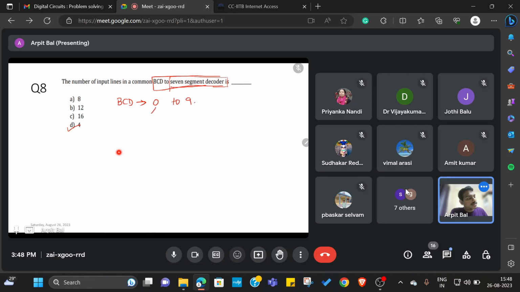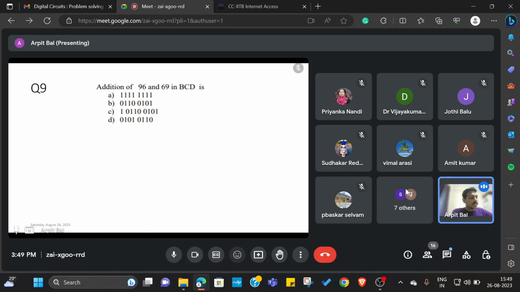Okay, so 0 is 0 0 0 0 and the maximum is 1 0 0 1. So a total of 4 bits are there, so there will be 4 lines needed that will go to that 7 segment decoder. I mean this is a bit straightforward. Okay, moving on to the next question.